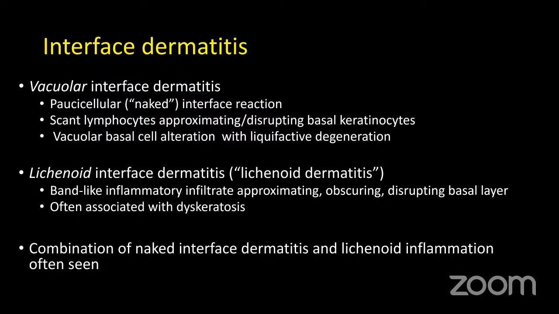Lichenoid interface dermatitis is usually applied to situations in which there is a band-like inflammatory infiltrate that obscures and disrupts the basal layer. A lot of times this is associated with dyskeratosis. Both can have dyskeratosis, but sometimes you see that a little bit more in the lichenoid dermatitis. And usually you do see a combination of these.